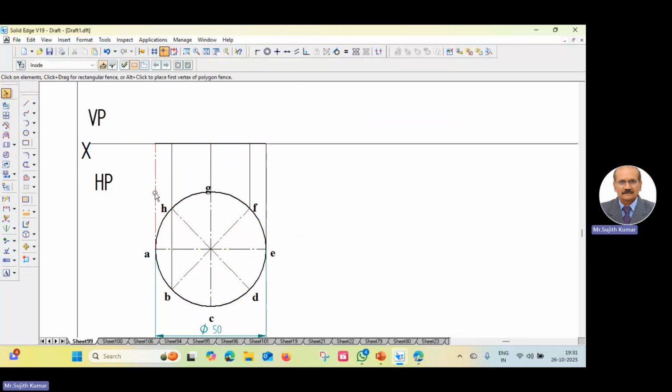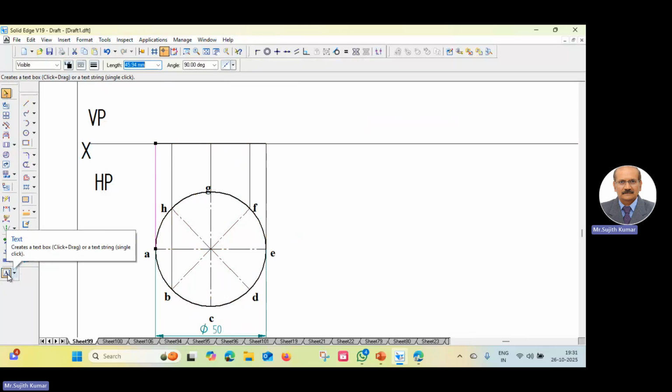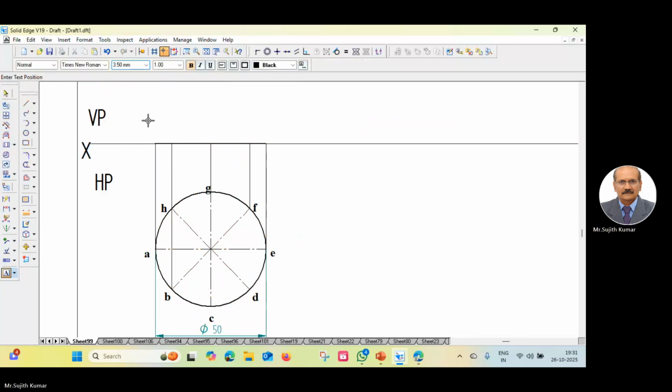When you draw 4 lines like this, in the second position it is easy for you to get the points A, B, C, D, E, F, G by identifying the end points. So let us name it A dash.